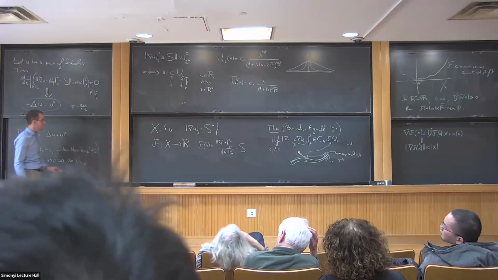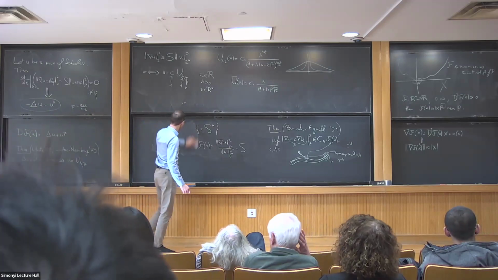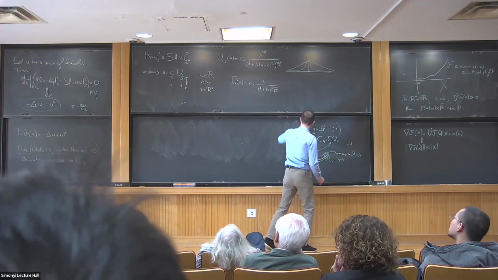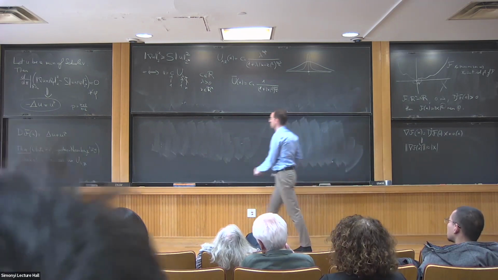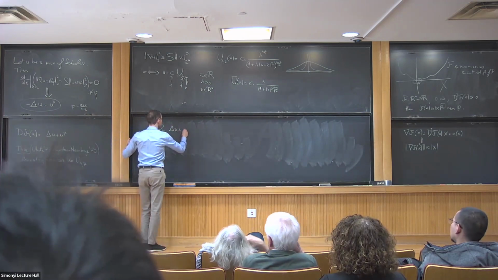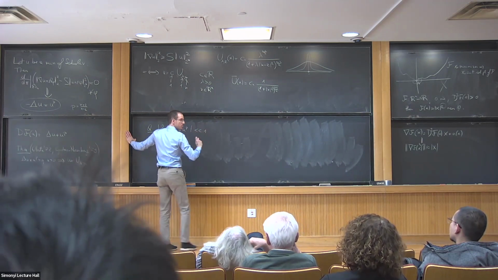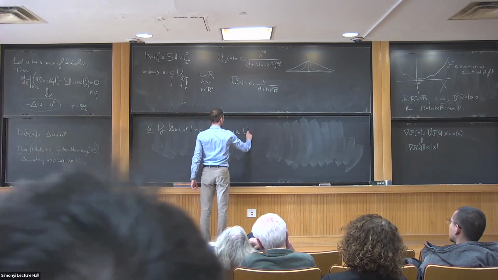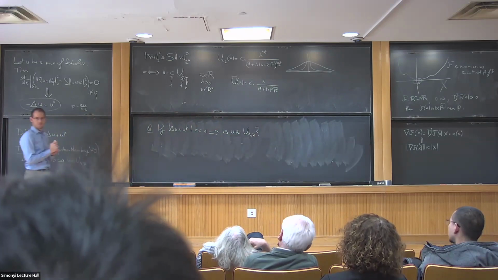And then the question you can ask would be the following. Question: if Laplacian u plus u to the p is small in some sense, then is u close to U_{lambda, z}?